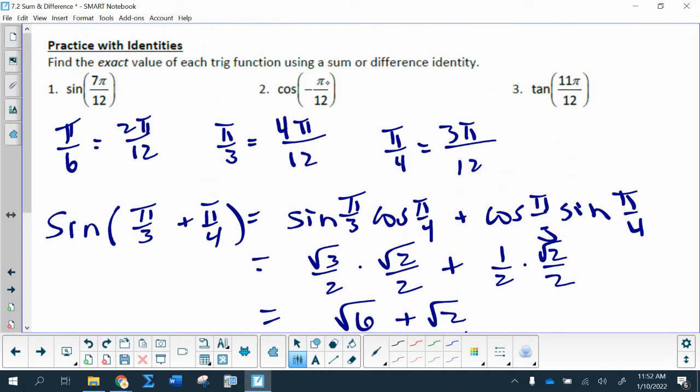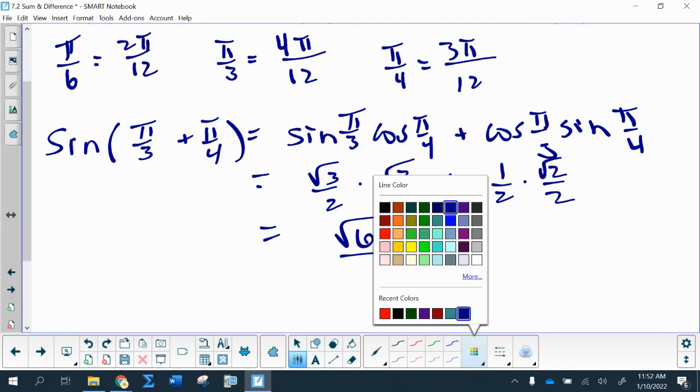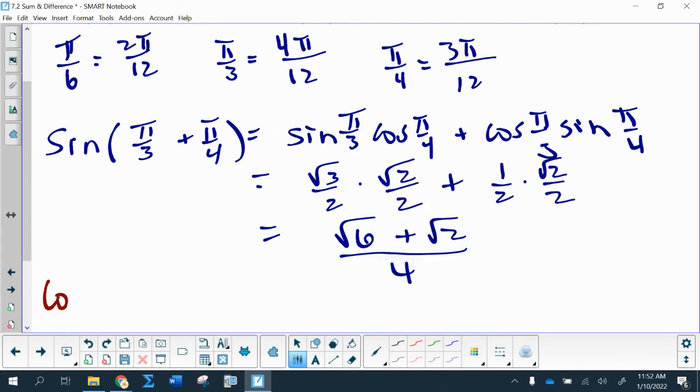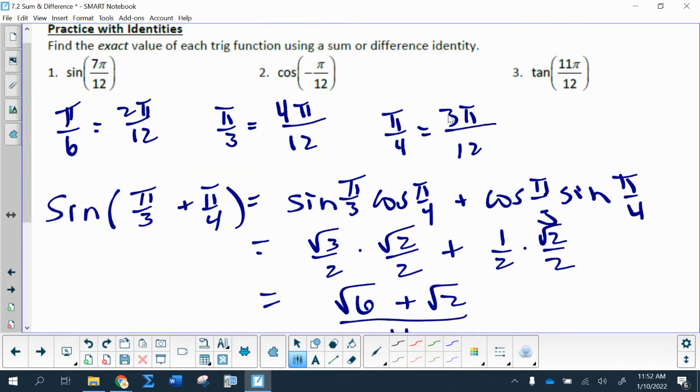Okay, now you're going to do the same thing for cosine, a cosine problem that you're going to get a negative angle for. So we're looking to get negative pi over 12. And I can actually use these same two angles again, but just do cosine with subtraction. So let's go back up so you can see what I'm talking about here. 3 minus 4 gives me a -1.